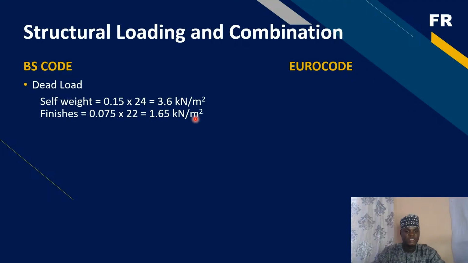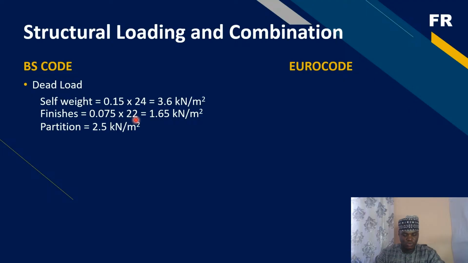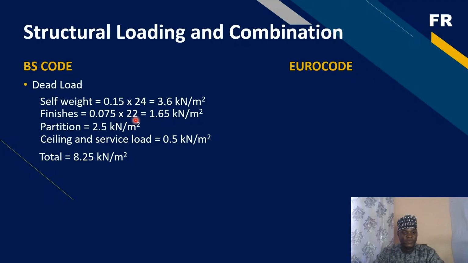Then for finishes, we apply a finish thickness of 75 with a density of 22. Then we also have partition. We assume a partition load of 2.5. Next is service load. Let's assume a service load of 0.5. So the total dead load based on the BS code is 8.25 kilonewton per meter square.